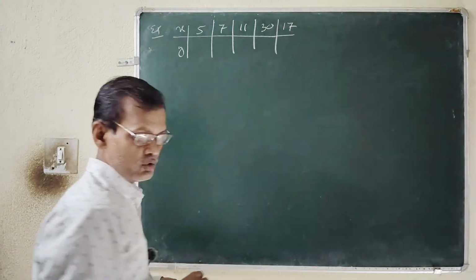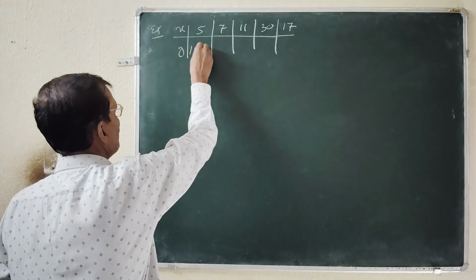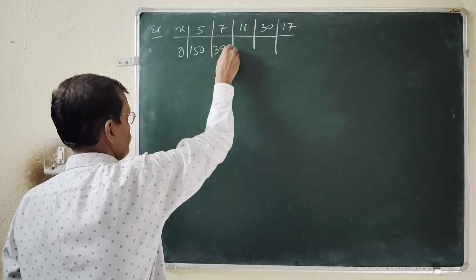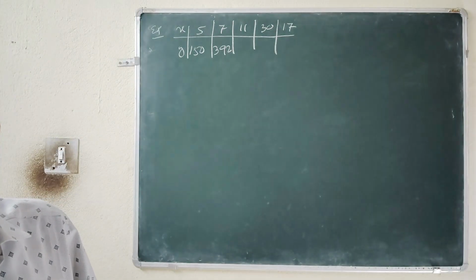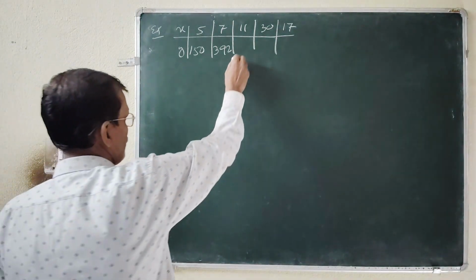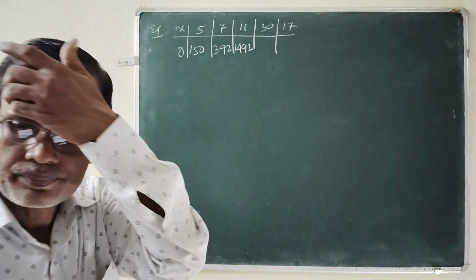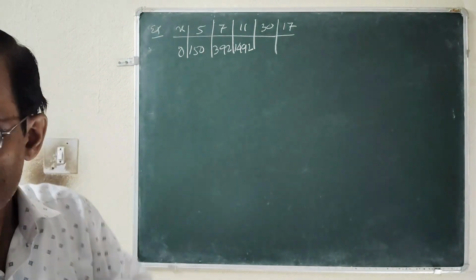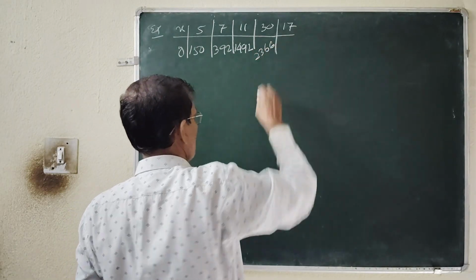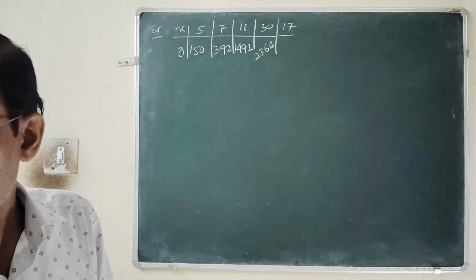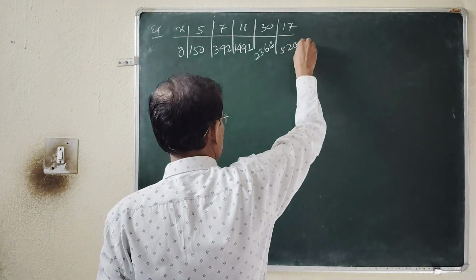And the corresponding values of y are 150, 392, 1492, 2366, and the last one is 5202.